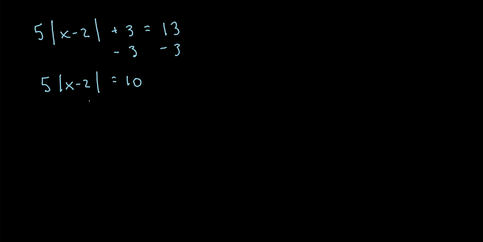And to get these absolute value signs all by themselves, we just need to get rid of this 5. So we can divide each side by 5. So these cancel out. We're left with the absolute value of x minus 2 is equal to 10 divided by 5 is 2.